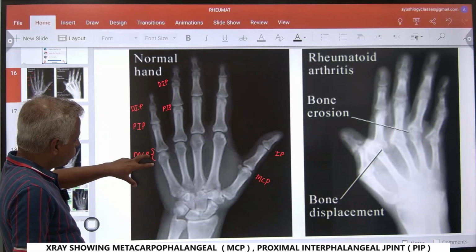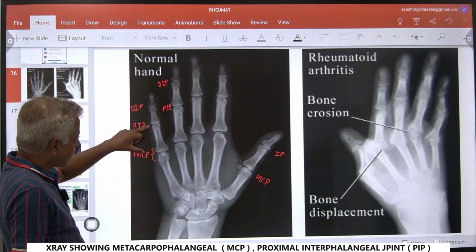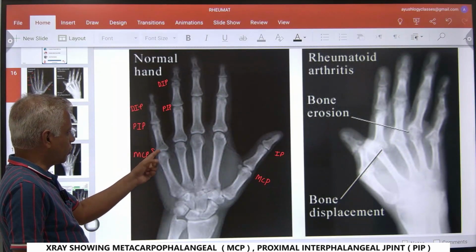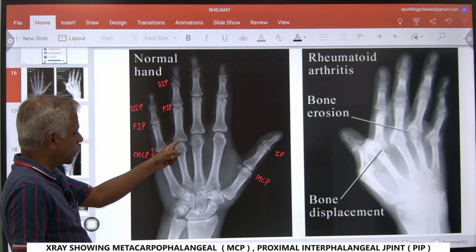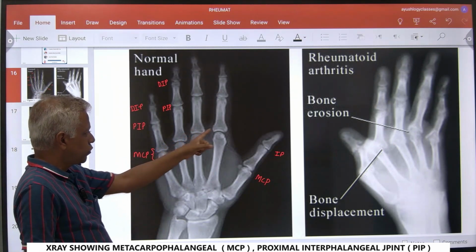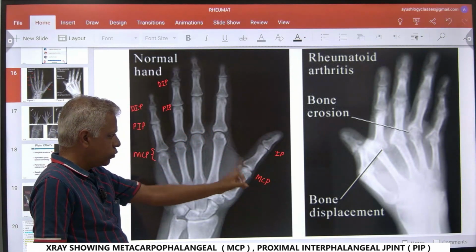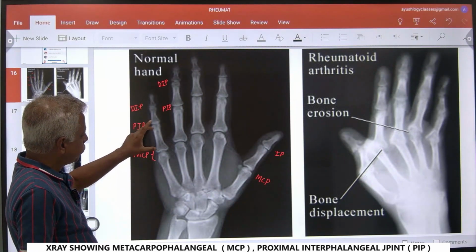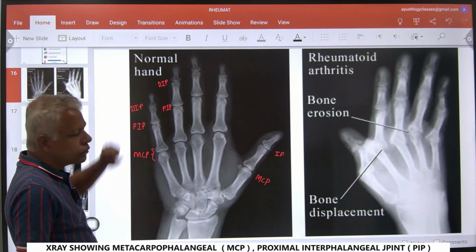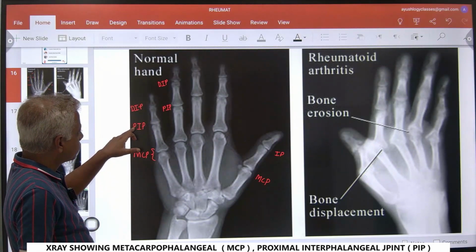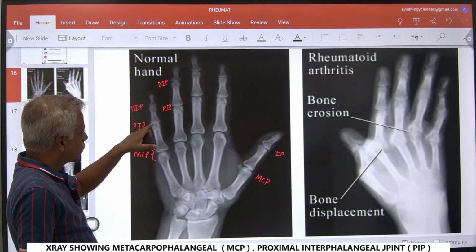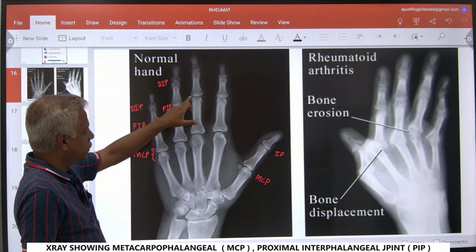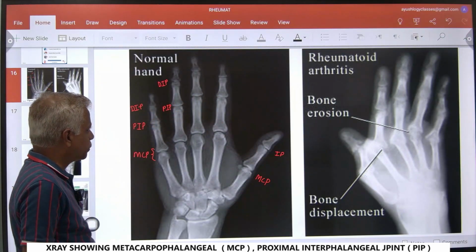The joint between the metacarpal and the first phalanx we call the metacarpophalangeal joint. So here we have a metacarpophalangeal, here again, here also, and here also. The joint between the first phalanx and the second phalanx we call the proximal interphalangeal joint. So here we have a proximal interphalangeal, here again, here also and here also.